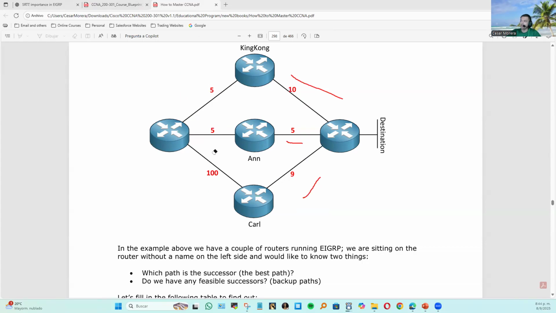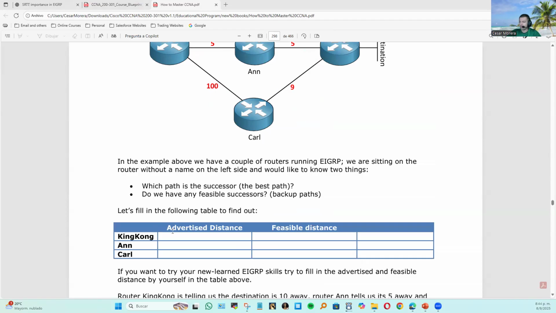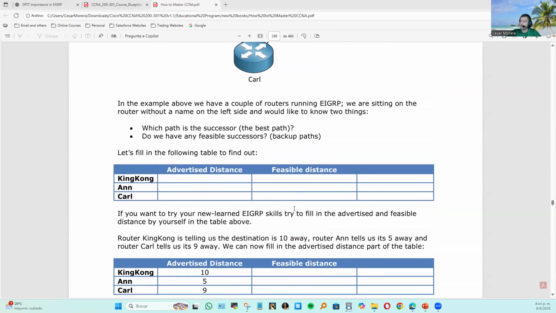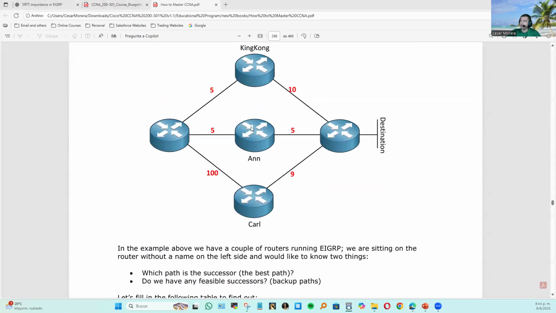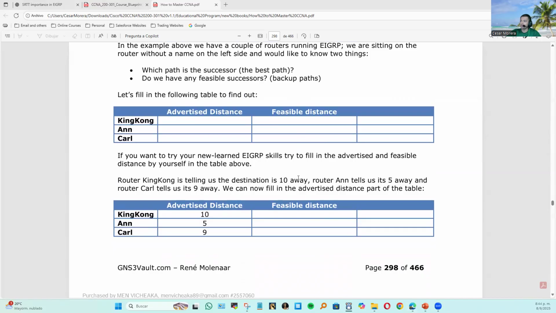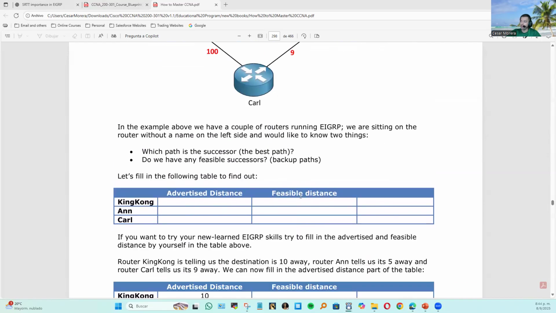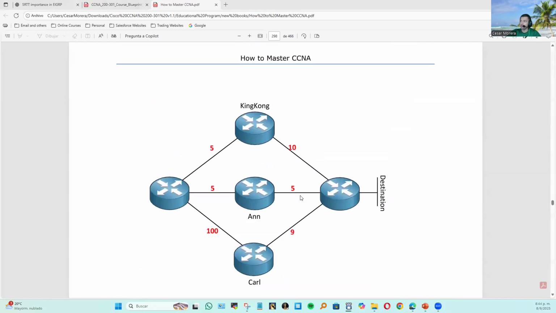Let's try to understand this topology. We have some routers: King Kong, the destination, Carl and Ann once again. So in the example above, we need to calculate and find out the feasible distance. Now, the advertised distance, we have 10, 5, and 9 for King Kong, Carl, and Ann.